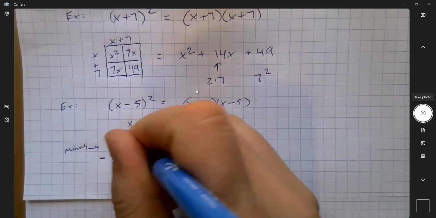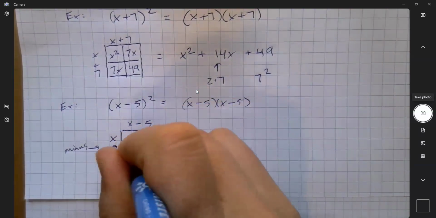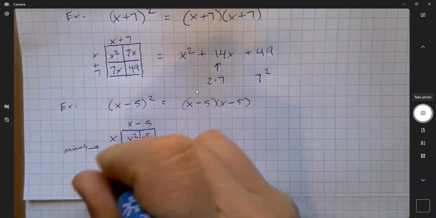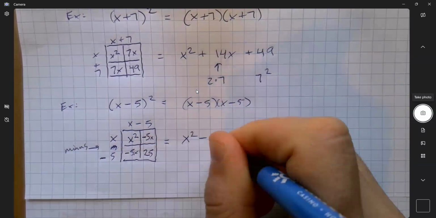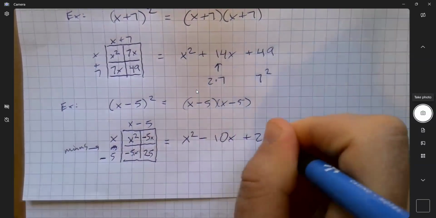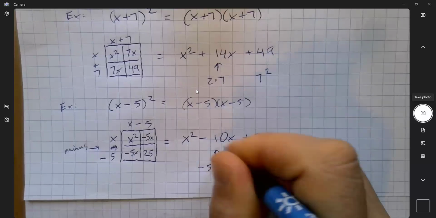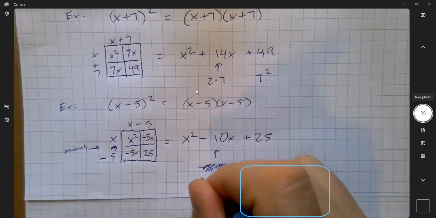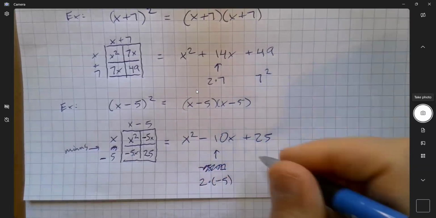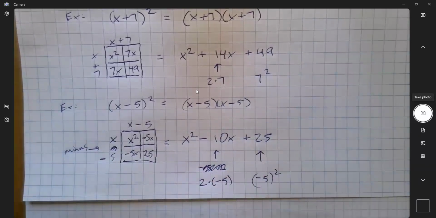X times x is x squared. X times minus 5 is minus 5x, and another minus 5x. Negative 5 times negative 5 is positive 25. So I get x squared minus 10x plus 25. Negative 10 is 2 times minus 5, and 25 is minus 5 squared. So that method still works.